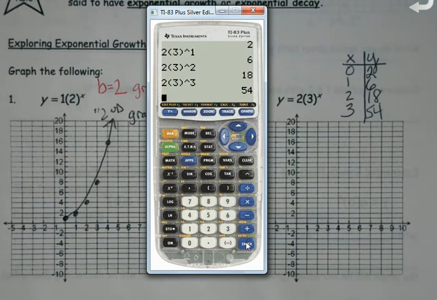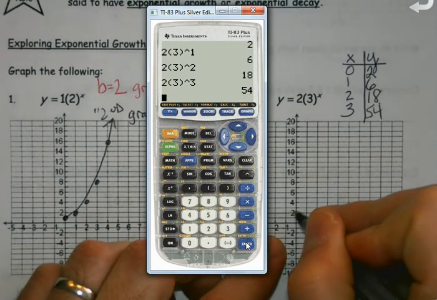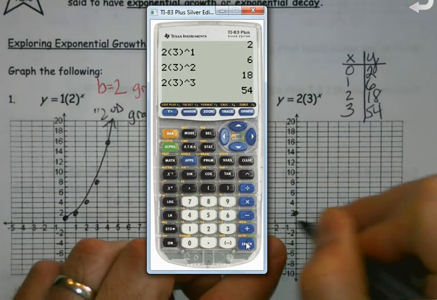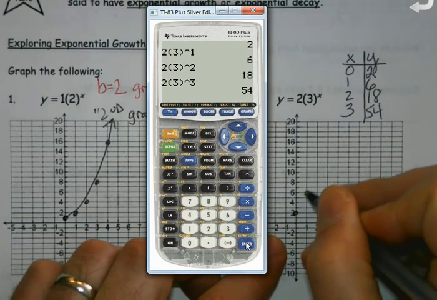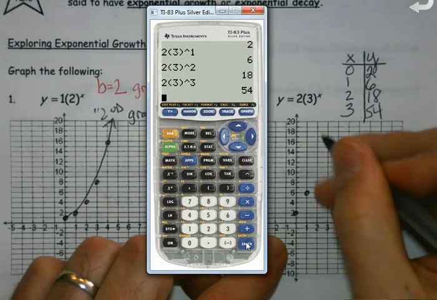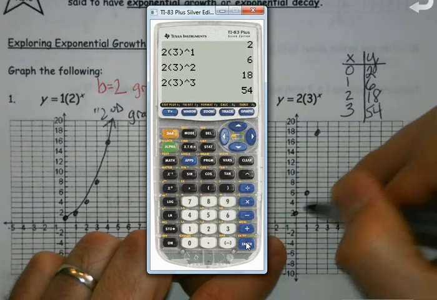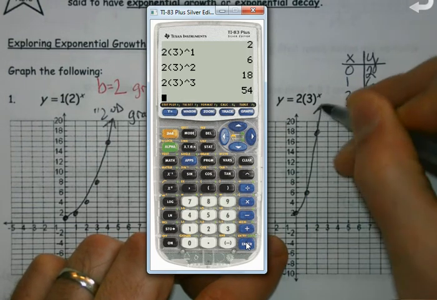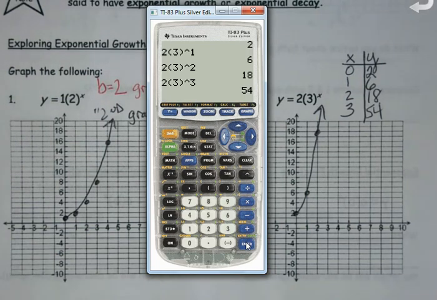So all I'll do at this point is take the ones that do fit. So 0, 2, 1, 6, 2, 18. That last one's not going to fit. And play connect the dots, and I'll see that it's got growth.